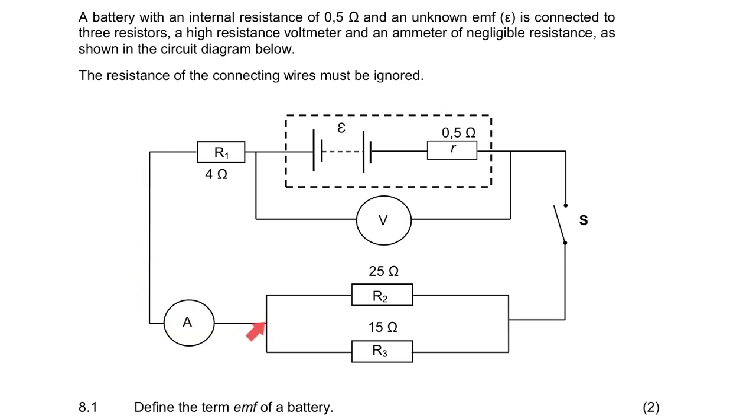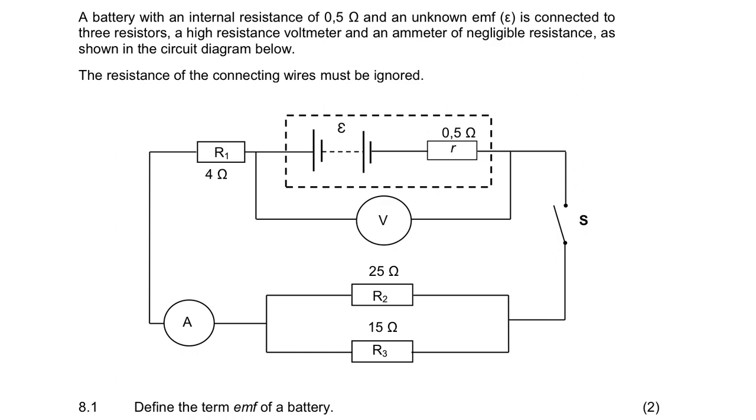It's going to split when it goes through resistor 2 and resistor 3. So these two resistors will be in parallel, and then the currents will rejoin. Of course, that will only happen if the circuit is complete, when the switch is closed, and then the current will flow through the internal resistance of the battery and will continue to flow as long as the switch is closed and the battery is functional.